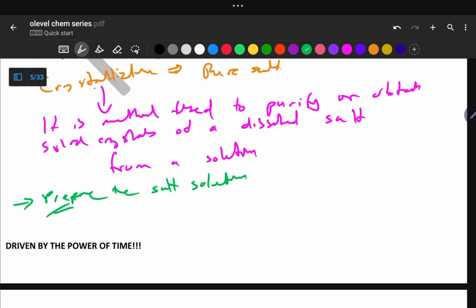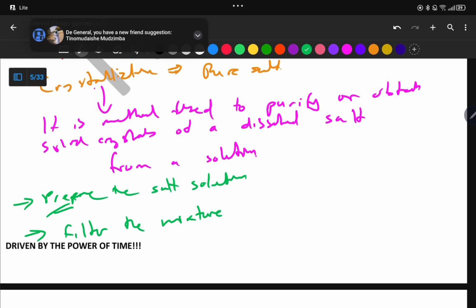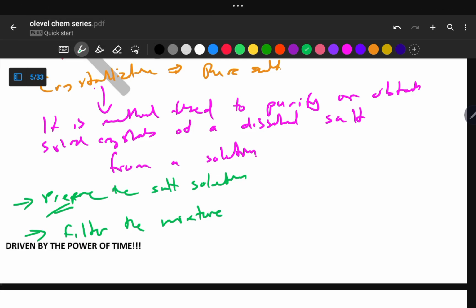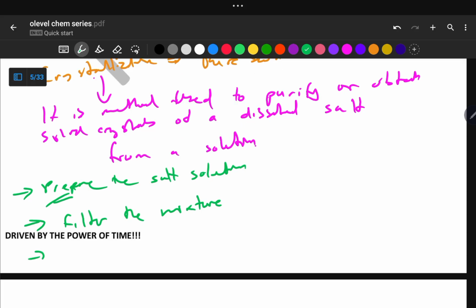The next thing, we're going to filter the mixture, right? If you are having any undissolved substance, we're going to filter out the undissolved solid particles. And then next we are going to evaporate the water partially, right? We are going to heat gently so that we avoid the decomposition of the salt, right?